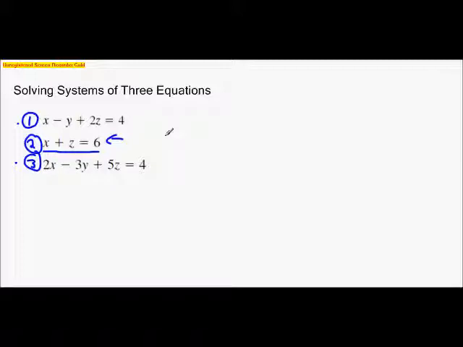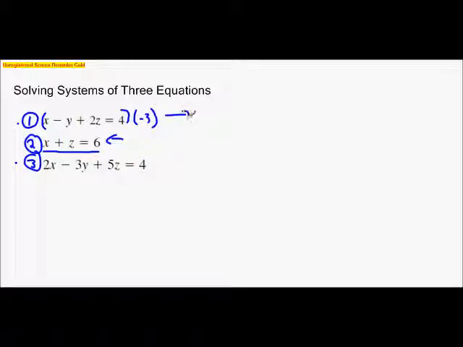And so before I rewrite this equation, let's think about how I'm going to eliminate the y. So this is a negative 3y, and this is a negative y. And so I want to make those opposite. So if this is negative 3y, I want to make this a positive 3y. So what number times negative 1 will get me a positive 3, right? I want the opposite. So that would be a negative 3. So what I'm going to do is multiply this whole equation by negative 3.